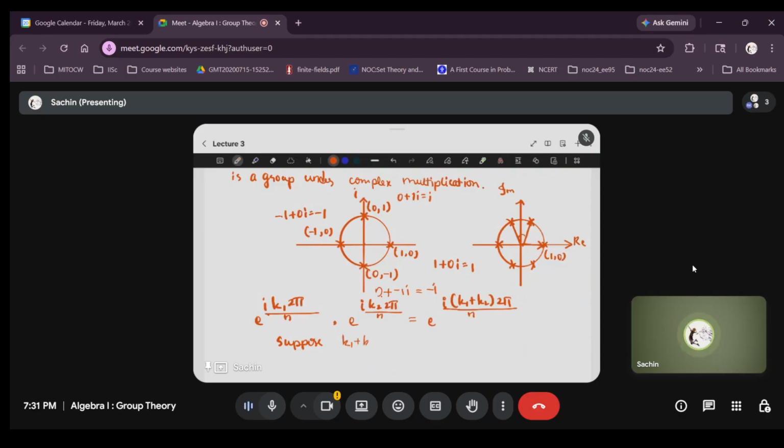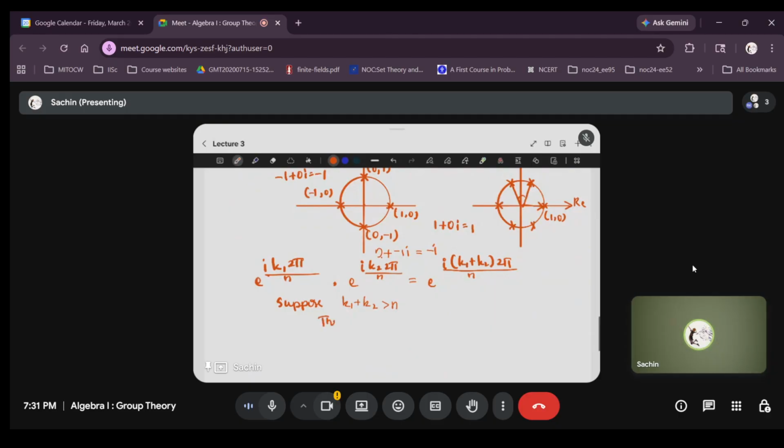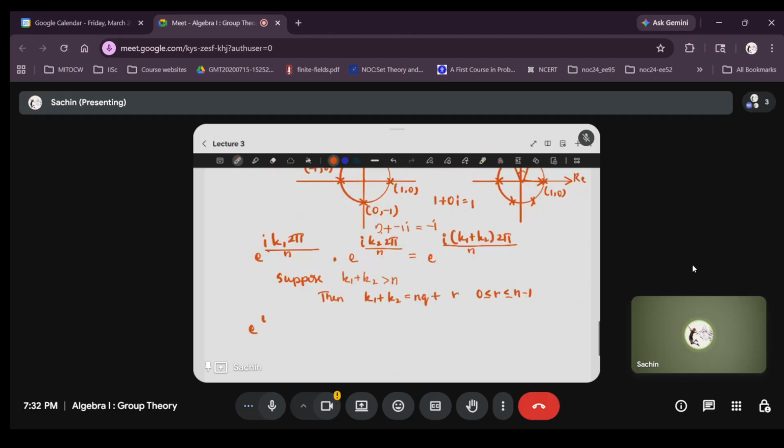Suppose k1 plus k2 is greater than n, then you can divide k1 plus k2 by n and write k1 plus k2 as nq plus r, where r is between 0 and n. Now e power i into k1 plus k2 into 2 pi by n is equal to e power i into nq plus r into 2 pi by n.